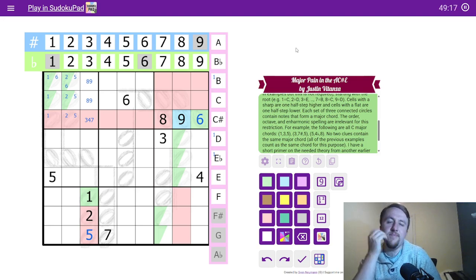Yeah, are there three different chords that require one of these notes? I'm thinking E flat. E flat is required.